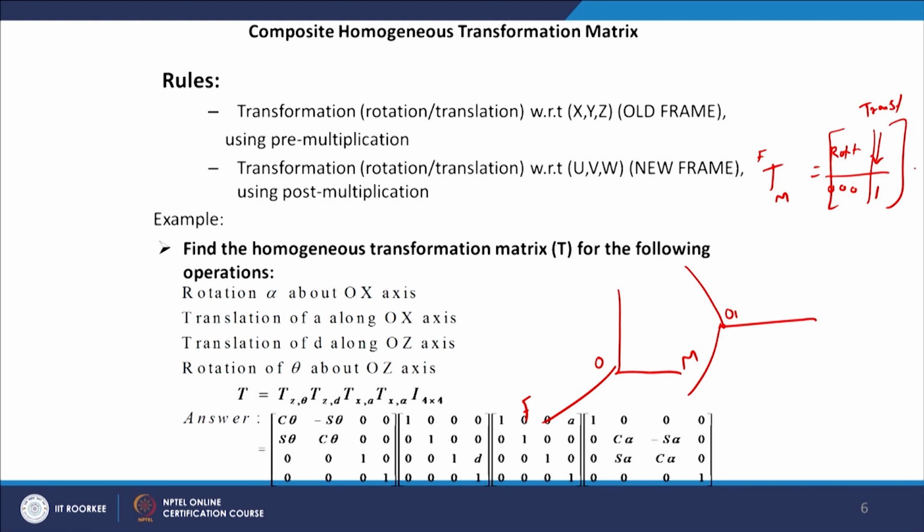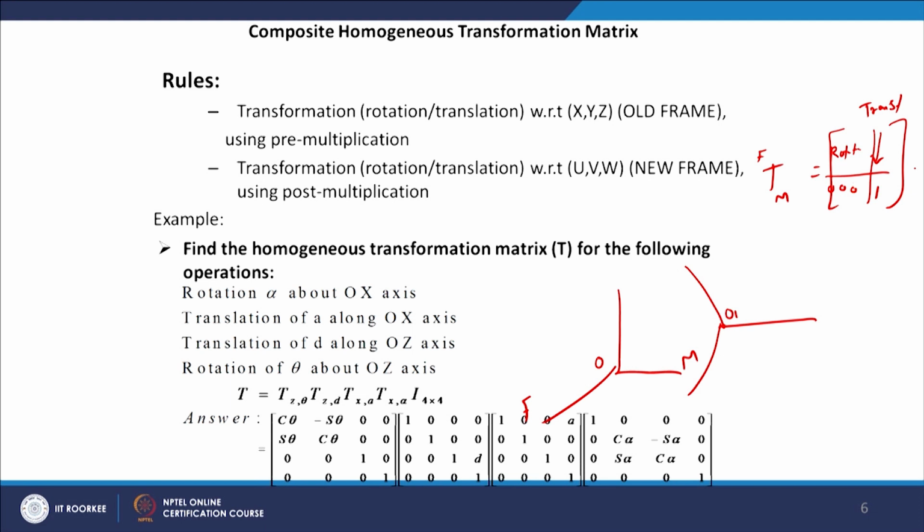Okay. So this example shows how successive translation and rotation can be handled when we are doing various types of motion from a fixed frame. First we have a fixed frame and then a rotation alpha about the x axis is performed, then a translation along the x axis, then a translation along the z axis, then a rotation of an angle theta about the z axis is performed.